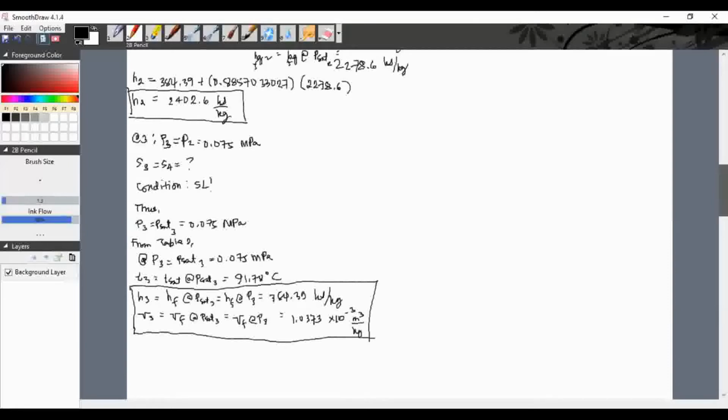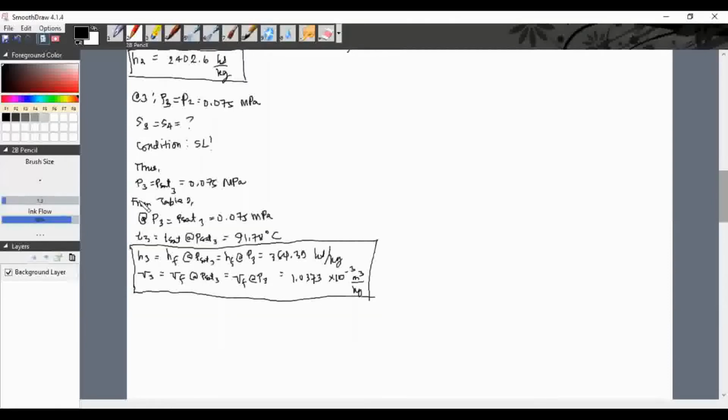Now, at point 4, meron tayong pressure, no? P4 is equal to P1. That is equal to 3 megapascals.